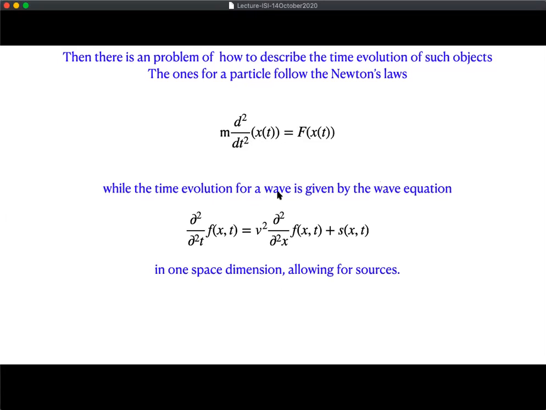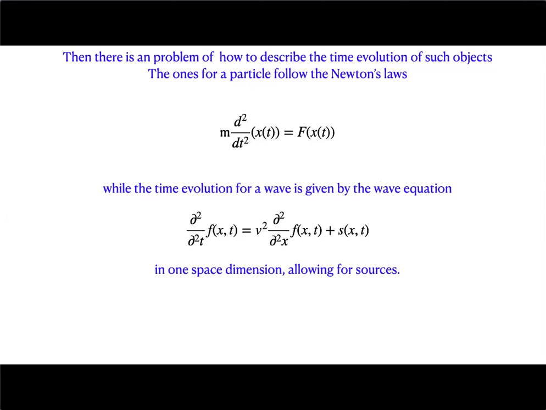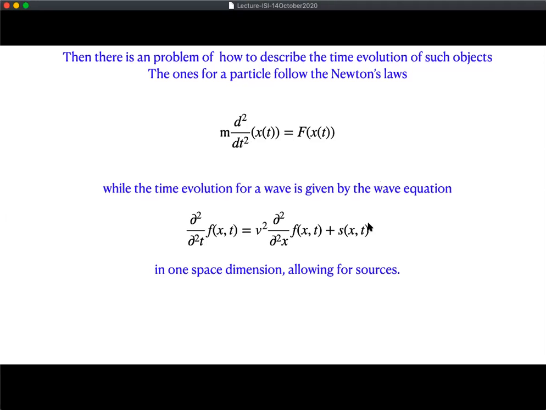Whereas for a wave, the time evolution is given by a wave equation. The second derivative of the amplitude of the wave satisfies this second order equation with possibly a source term. For example, in water, if you put in a stick and keep moving it, the wave is generated by that movement, which is the source. That can change with time and position.